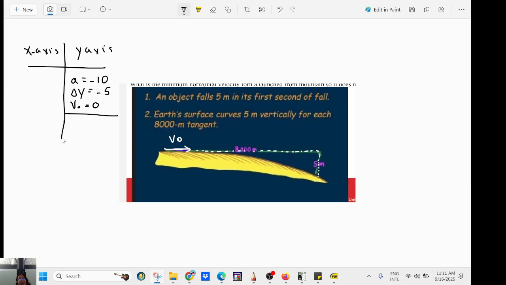What's going to be the time it takes to fall 5 meters for a projectile? Projectile in free fall, how long does it take to fall 5 meters? It's easy.